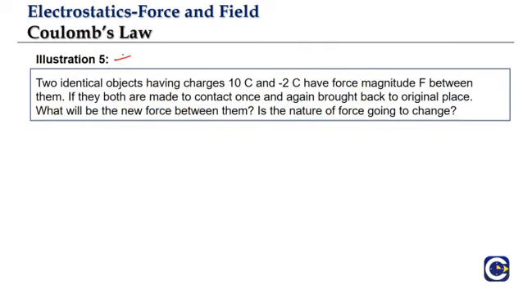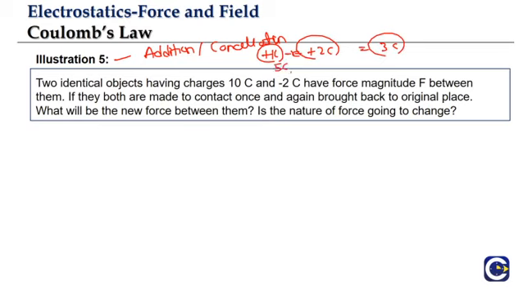Next, this is a question that is based on the basic property of charge, which is charge addition and charge cancellation. So we have talked about it in the properties of the charges. If you have two charges, like say for example we have a charge of 1 coulomb and a charge of 2 coulomb, we bring them together, the total charge is going to be 1 plus 2, 3 coulombs.